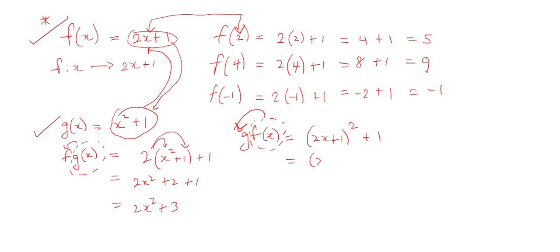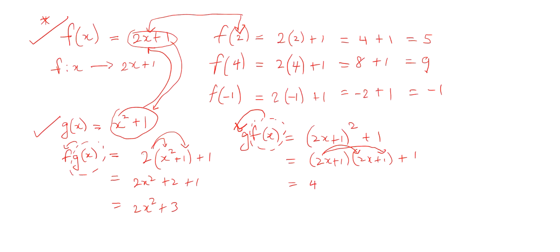You can write this as 2x plus 1 by 2x plus 1 plus 1. I'm going to remove the brackets here, so you're going to say this by this, then this by this.